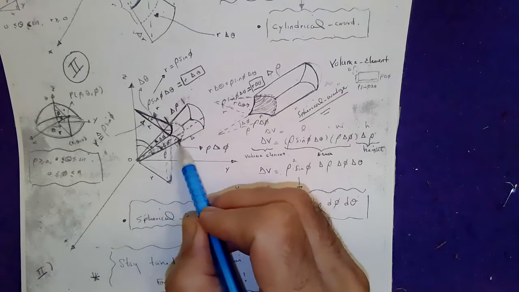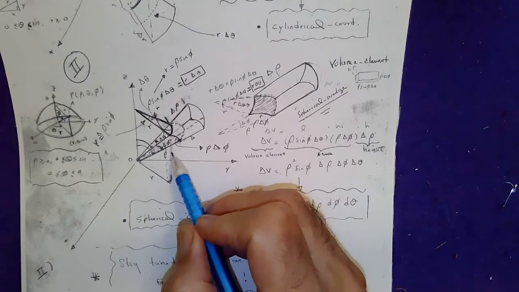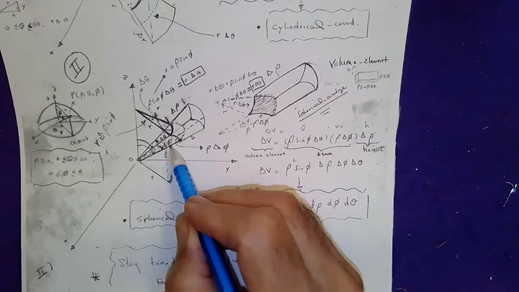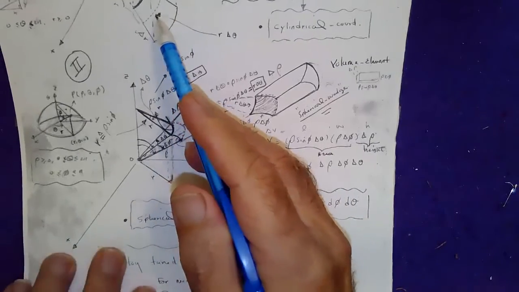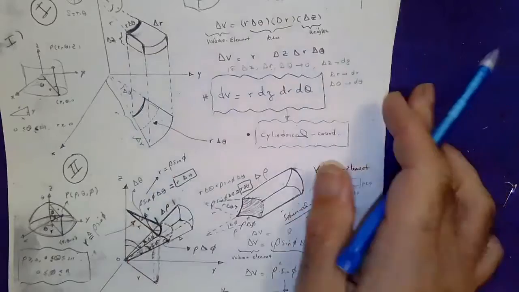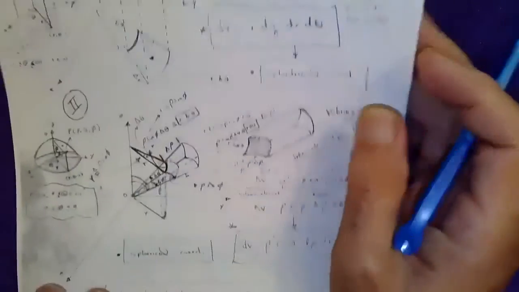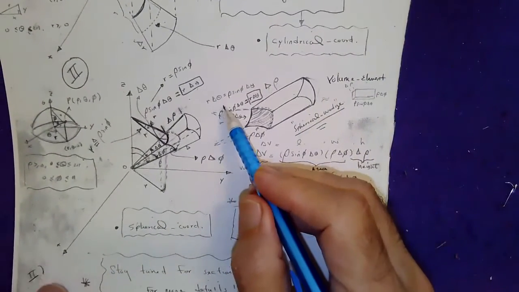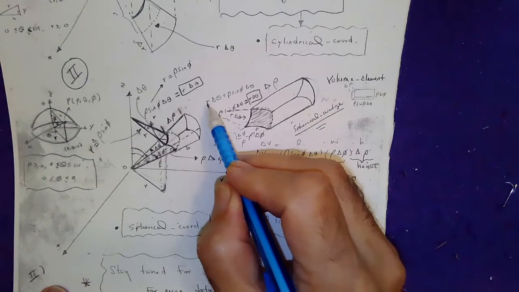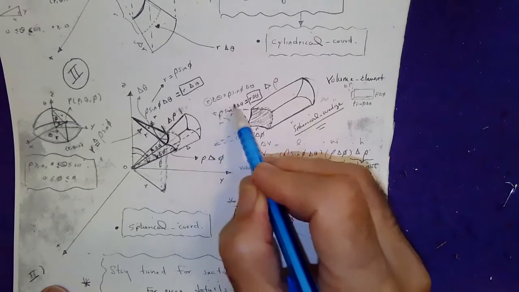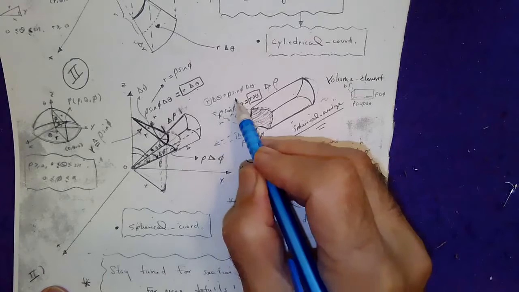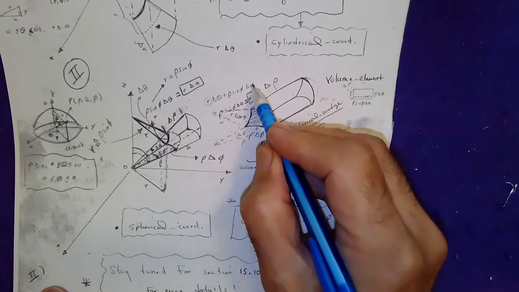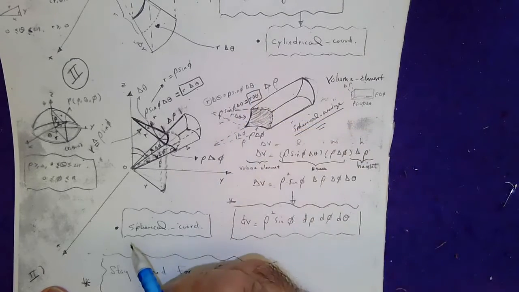This cut right here is the arc length, which happens to be rho times delta phi. This cut, just like in cylindrical, is r delta theta, but r in spherical is rho sine phi. So this becomes rho sine phi times delta theta.